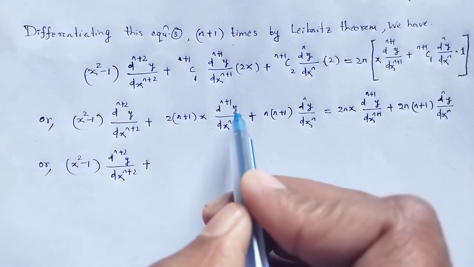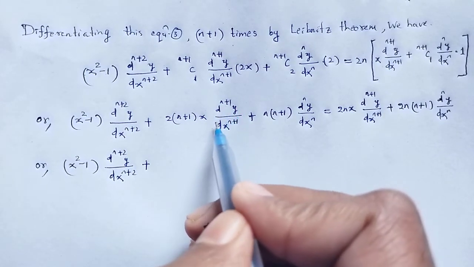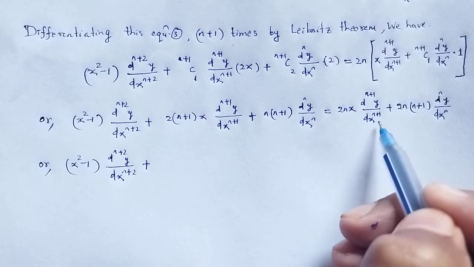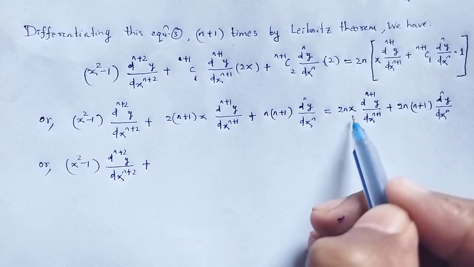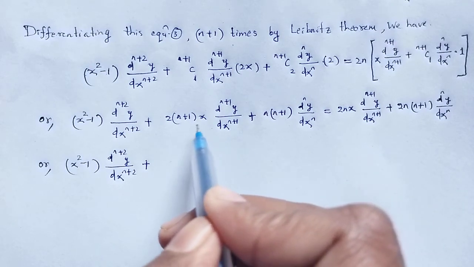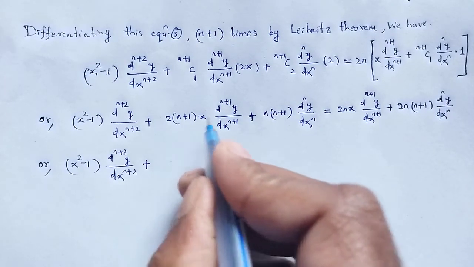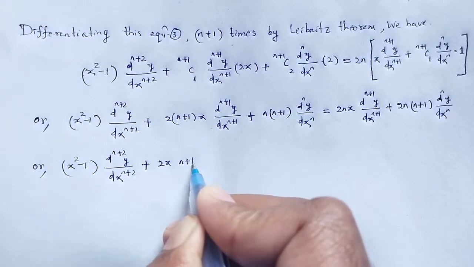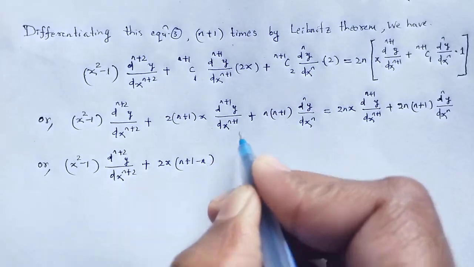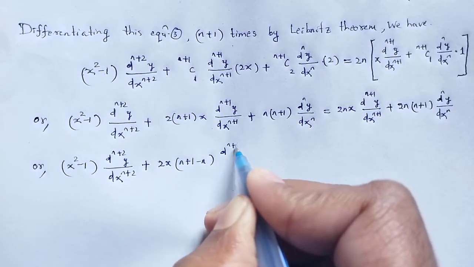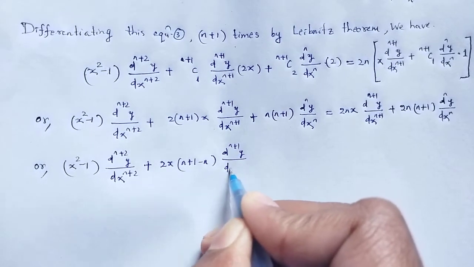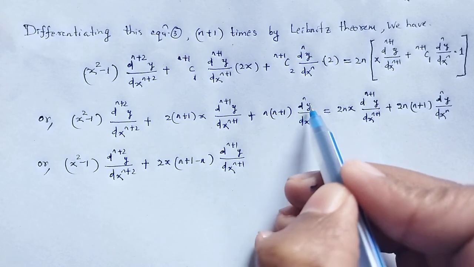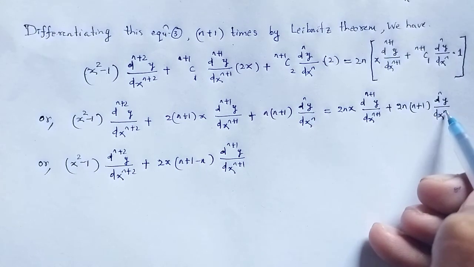plus dⁿ⁺¹y/dxⁿ⁺¹ on that side, that is also dⁿ⁺¹y/dxⁿ⁺¹. When that term comes to this side, that will be 2x common, that is 2x (n+1−n) dⁿ⁺¹y/dxⁿ⁺¹, again dⁿy/dxⁿ.